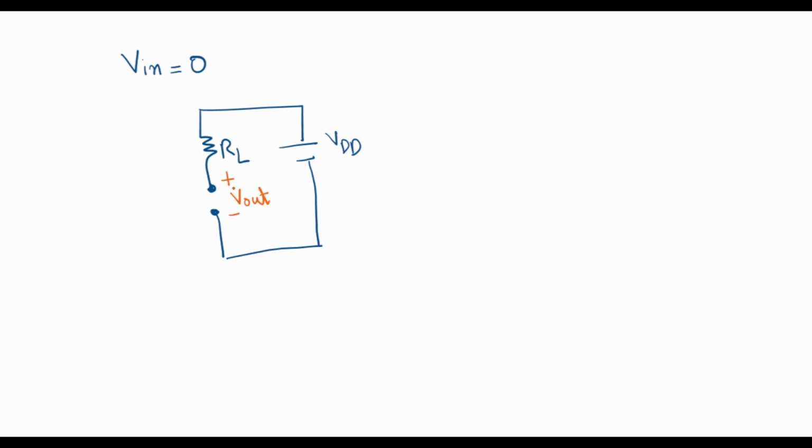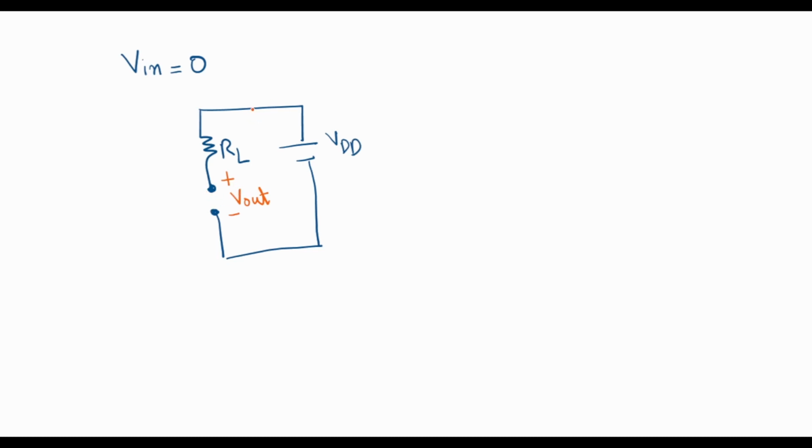In the first state, when the input signal is 0, the circuit looks something like this. A resistance RL, then the switch is open, so I have an open circuit here, and a battery VDD, and I'm taking the output across these open terminals.